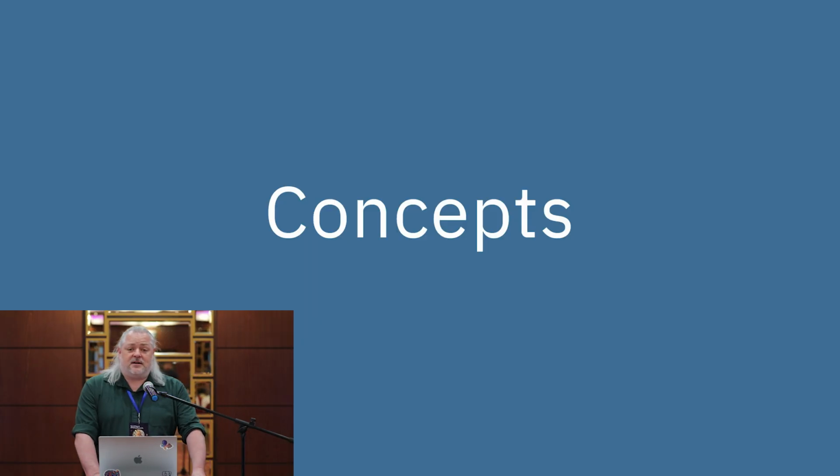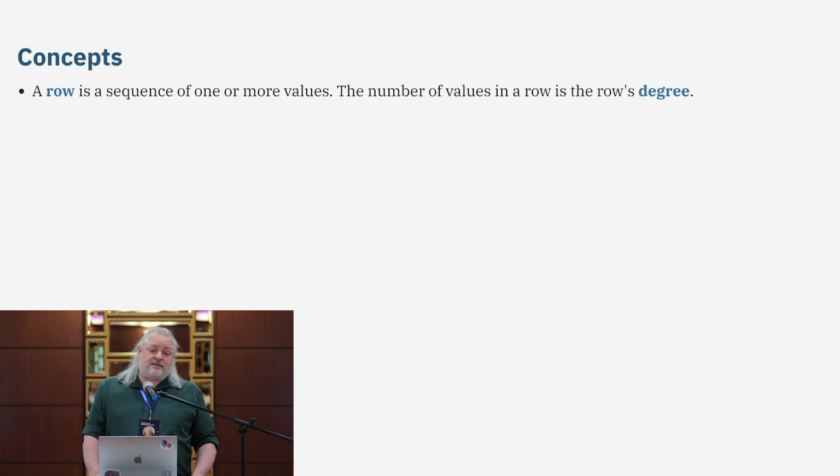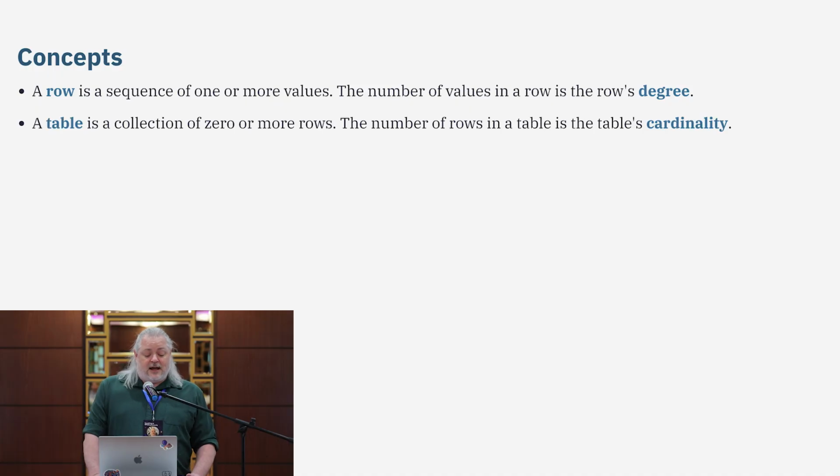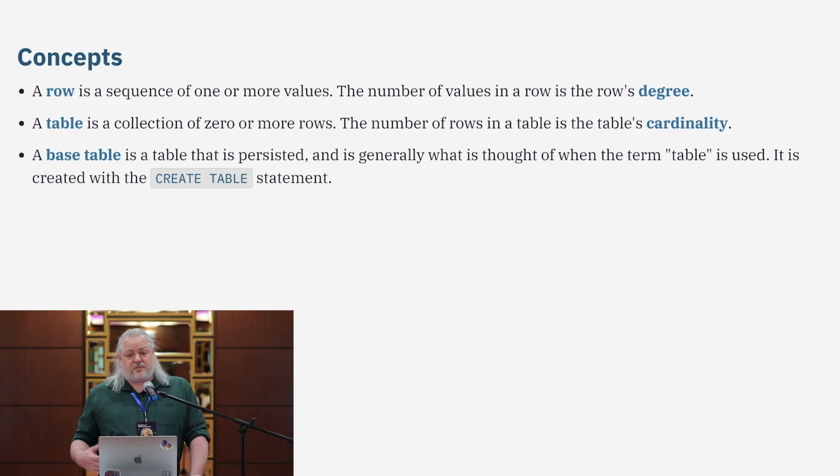First, some concepts so that we're all on the same page. A row is a sequence of one or more values, and the number of values in the row is called the row's degree. We won't use all of these concepts, but it's so that we're talking about the same thing. A table is a collection of 0 or more rows, and the number of rows in a table is the table's cardinality. A base table is a table that's persistent, like the table you get when you do create table.